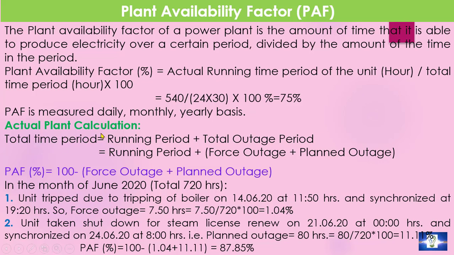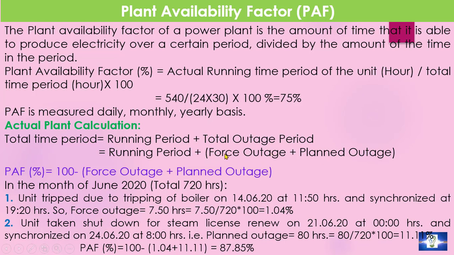In actual plant calculation, our main motto is to calculate the total running period. The total time period may be divided into two parts, running period plus outage period. This outage period may be divided into two parts, forced outage and planned outage. So one question may arise: what is forced outage and what is planned outage?